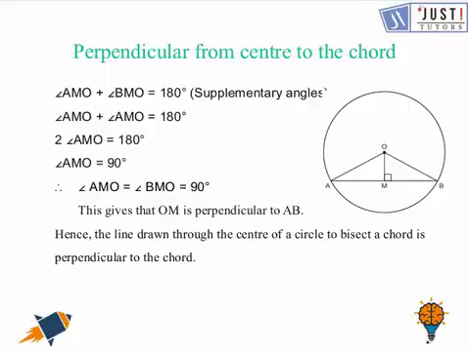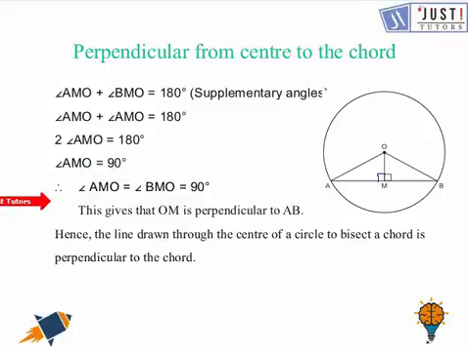Now angles AMO and BMO are supplementary angles, as we can see that they form a linear pair, and they will be equal to 180 degrees. So angle AMO plus BMO equals 180 degrees, and as we have already proved that BMO equals angle AMO, twice angle AMO is equal to 180 degrees, or angle AMO equals 90 degrees.